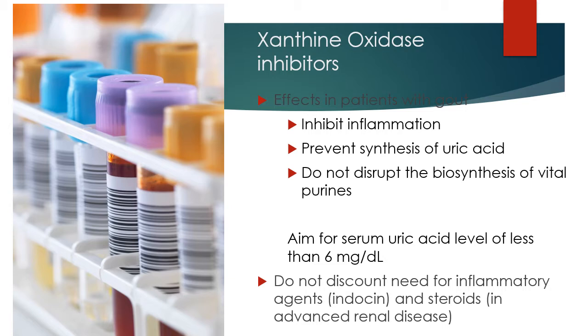And patients that are put on allopurinol, initially with the extreme pain that they have, will need inflammatory agents such as indocin or steroids. Indocin would be an issue if patients have advanced renal disease, so steroids may be used instead, though there may be issues with steroids as well.